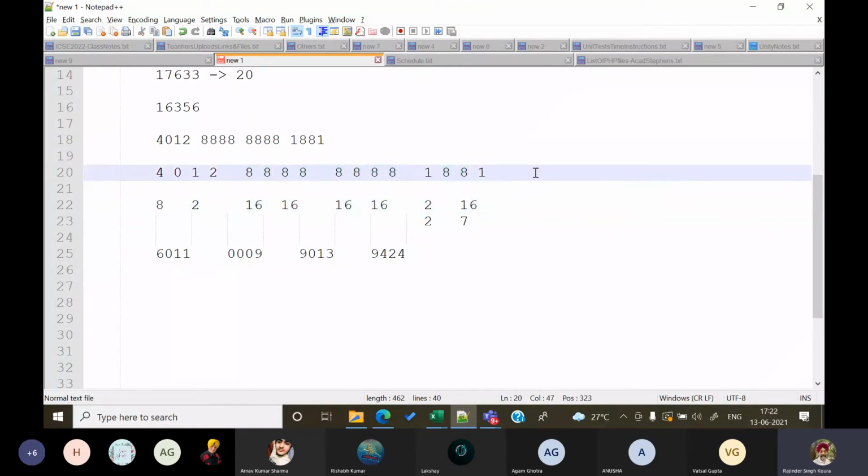But if it had been a 17 digit number, suppose I had a 9 here also, then the alternate would start from 1 now. So always start by leaving the check digit, and start off with the digit next to it.